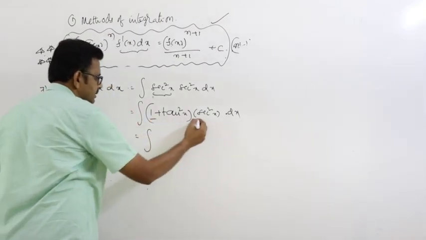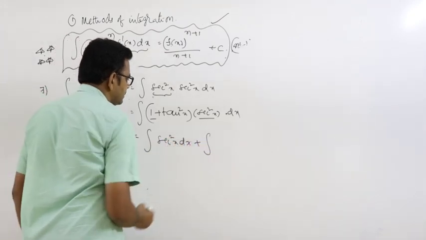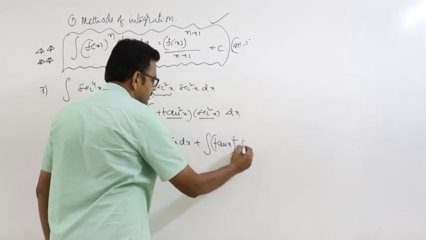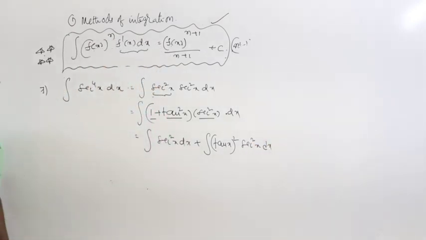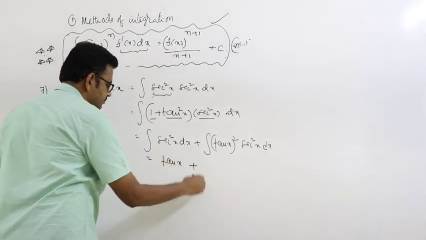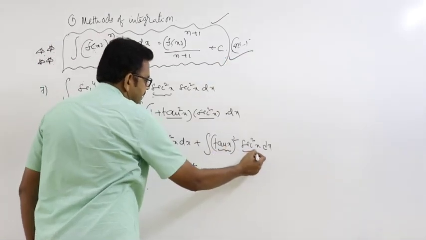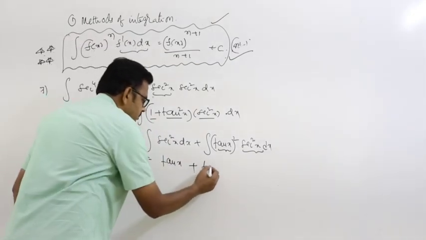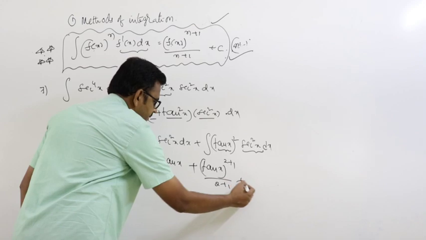That is integral of this into secant square x dx plus integral tan square x, that is tan x whole square, into secant square x dx. This is the direct formula. Integral of secant square x is tan x plus c. So, this is just like f of x whole power n into f dash x, which gives f of x whole power n plus 1 by n plus 1 plus c.